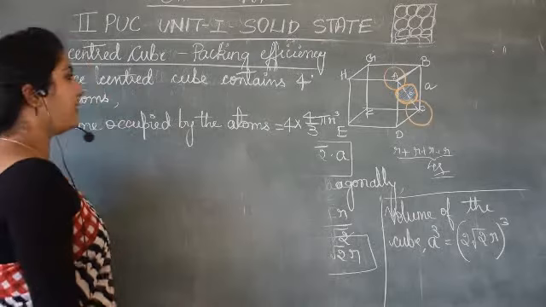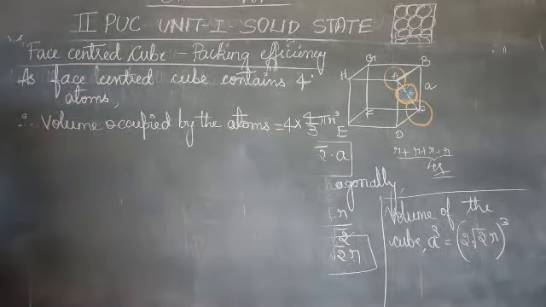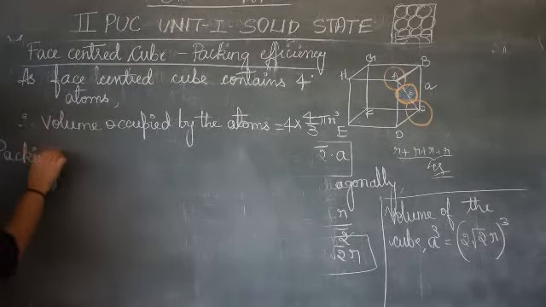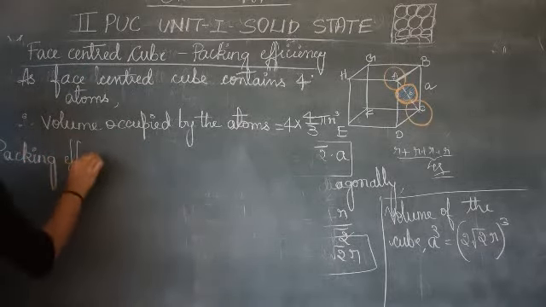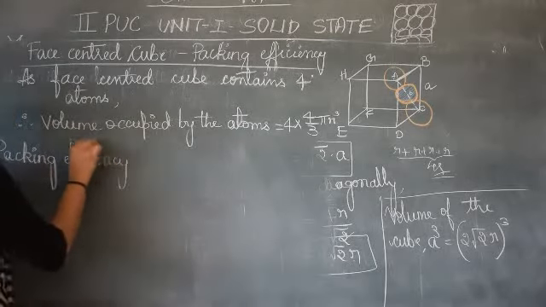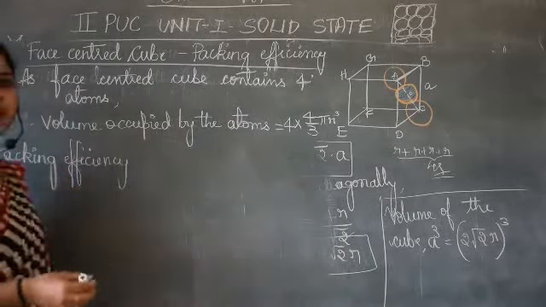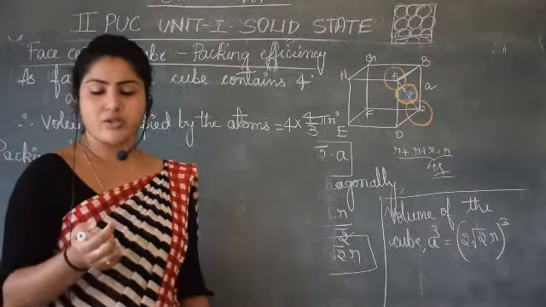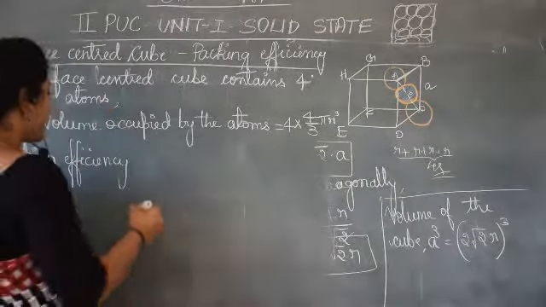If this is clear, we will have to substitute it in the formula, that is packing efficiency. One question is for sure from these 3: simple cube or body centered cube or face centered cube. For sure, one 3-mark question will be asked.